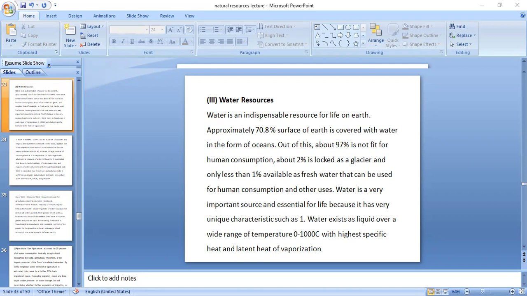And in the previous part, we discussed that a lot of conflicts were going on for the distribution of water, right? So many conflicts. Now, rivers can be a source of conflict, so we have to think over this.